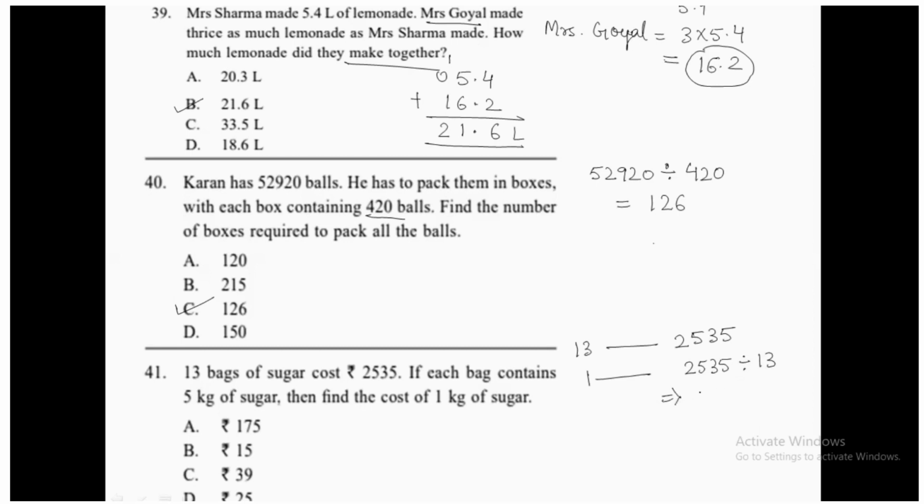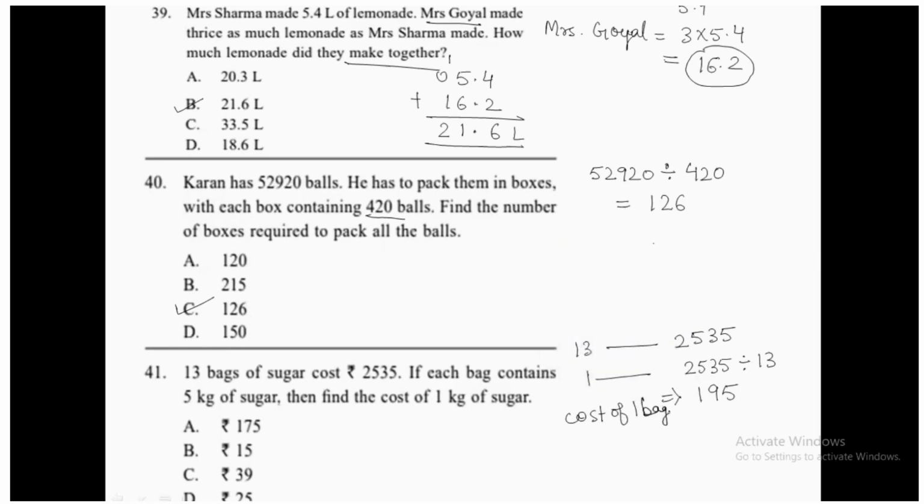When we divide this by 13, we get 13 ones are 13, then 9 will be there, then 13 nines are, okay, so we get 195. So the cost of one bag is 195.